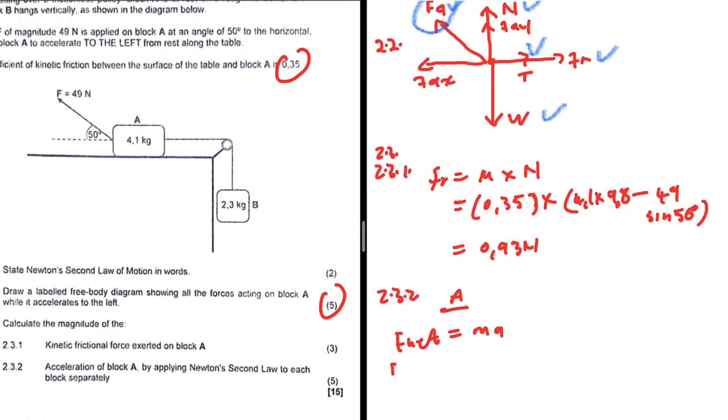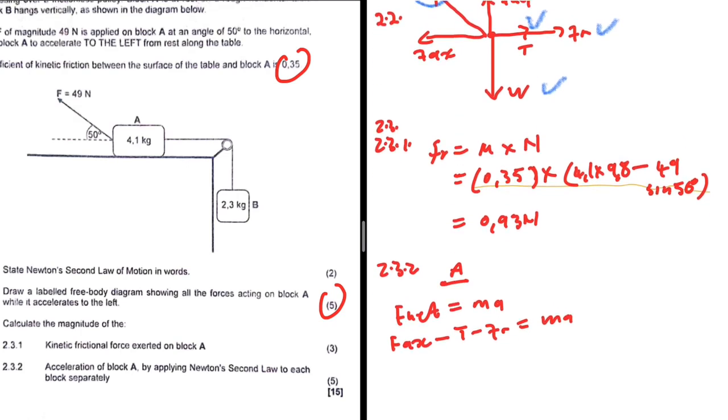So we have Fax minus all the forces that are opposing the motion of the object. Which forces are opposing the motion? The forces pointing in the opposite direction. So in this case it is the tension and the frictional force, and this is equal to ma. So Fax, that is going to be 49 cos of 50, minus the tension. I don't think we have the tension.